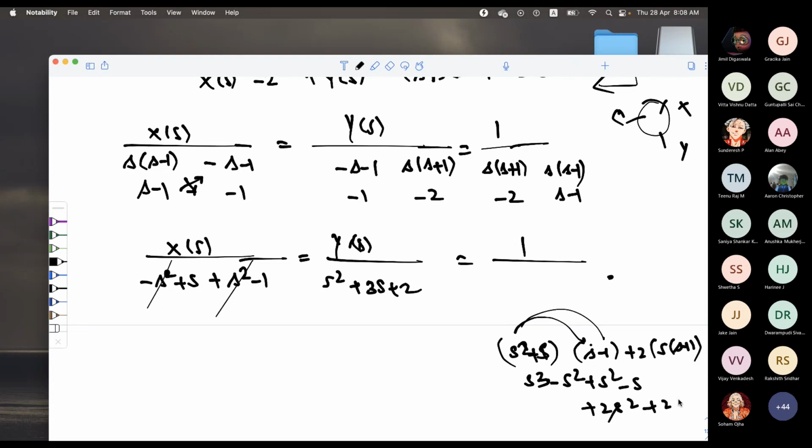Then 2 plus 2s. This and this cancel. Then s cube plus 2s square minus s plus 2s means s cube plus 2s square minus s will be the thing. Then what will be the root for this? We need the factorized form, right?